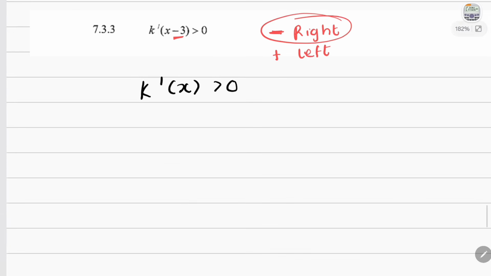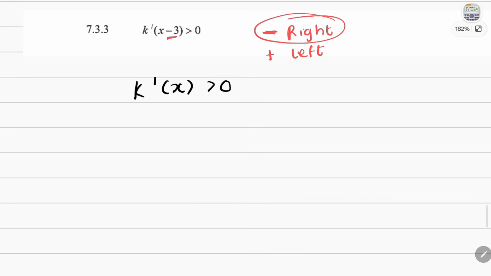So this is where k prime of x is greater than 0, but this time they shift that to the right. So think about what k prime of x meant. If the graph of k of x is whatever it is, then k prime would be the gradient of this function at any point. So they're saying the gradient of the function is greater than 0, in other words, positive.